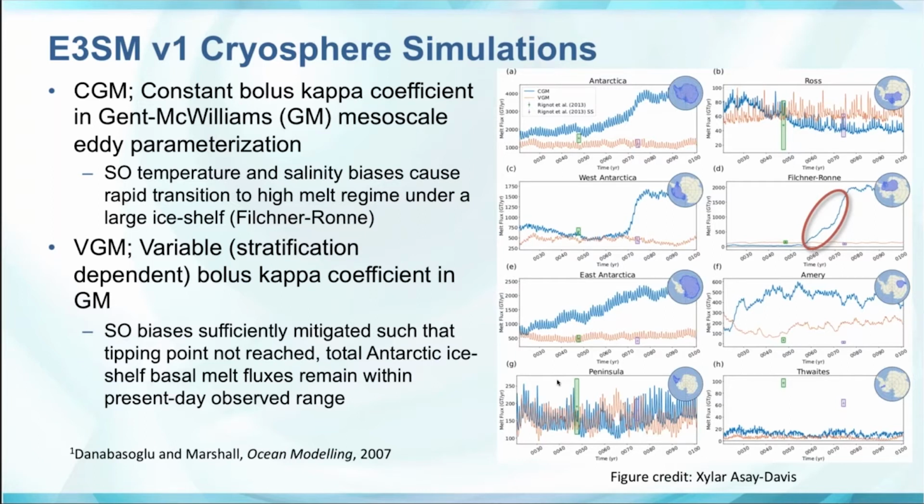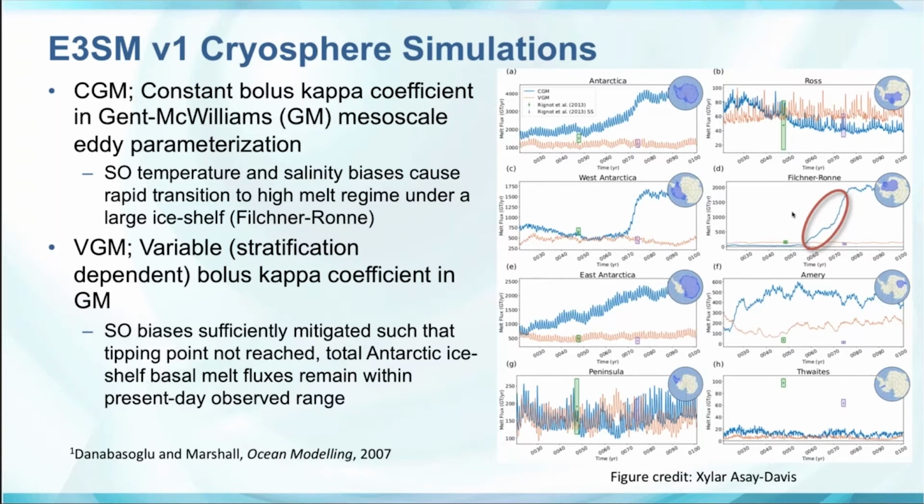And when we did that, we found that the existing Southern Ocean temperature and salinity biases cause a rapid transition to a high melt regime under the Filchner-Ronne ice shelf. So that's highlighted in red here.